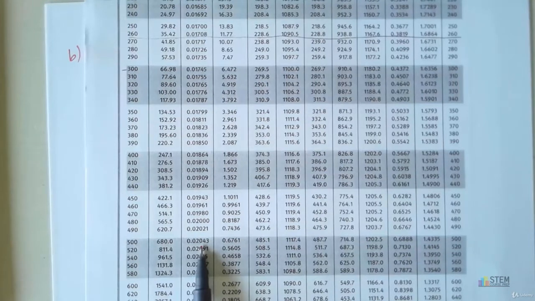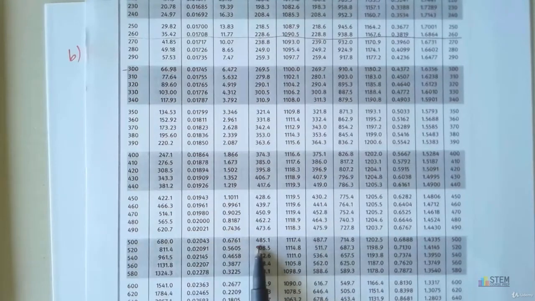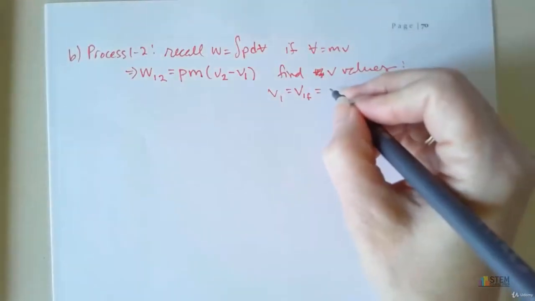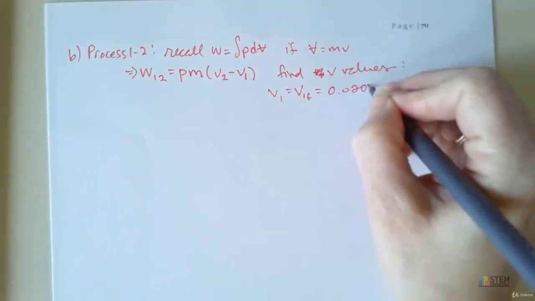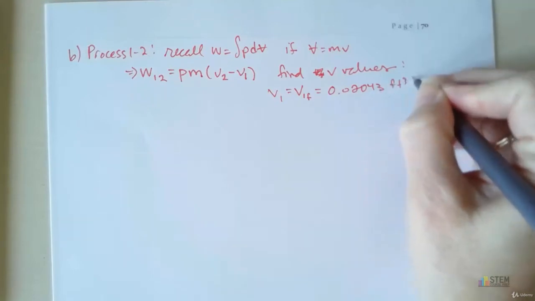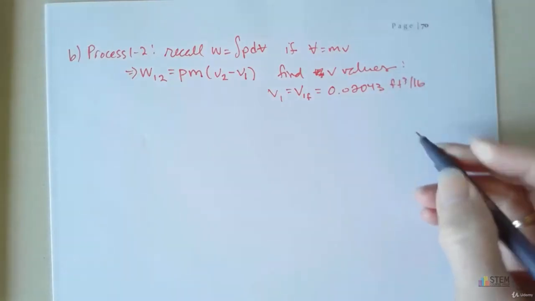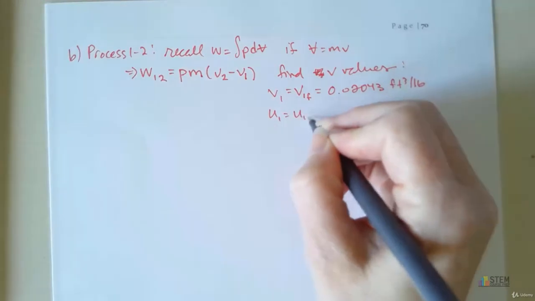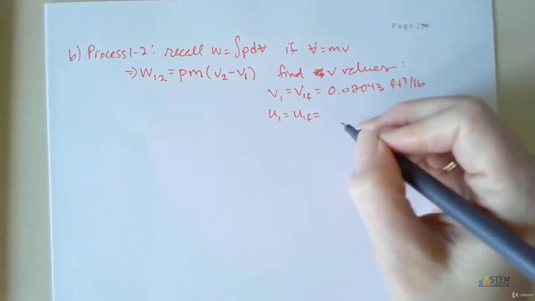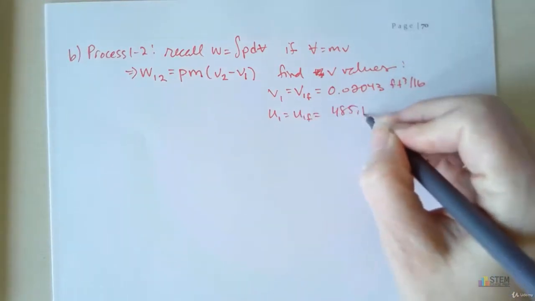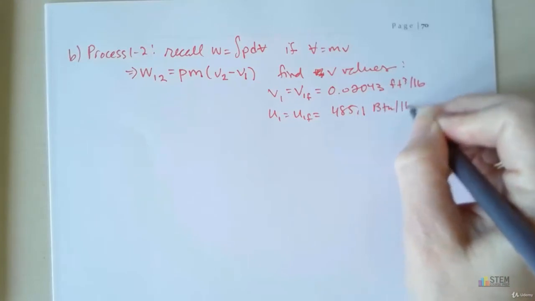And we also need u1 or uf for 1, because we're going to need it later. That one's going to be 485.1. So let's write both of those numbers down. And units will be cubic feet per pound. And then u1 is uf, so we're going to have 485.1. That one's in BTU per pound.